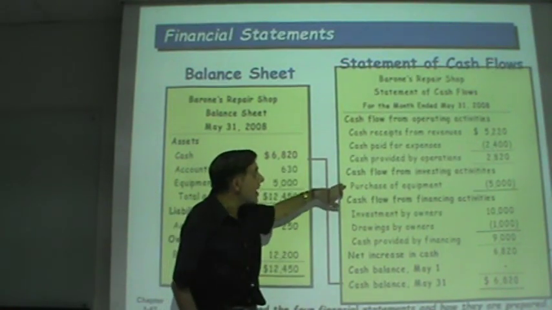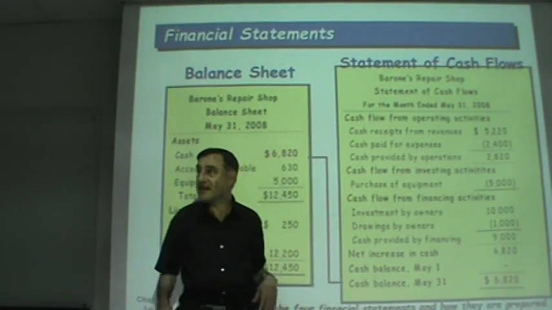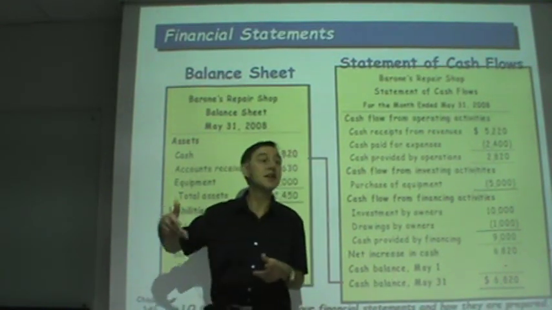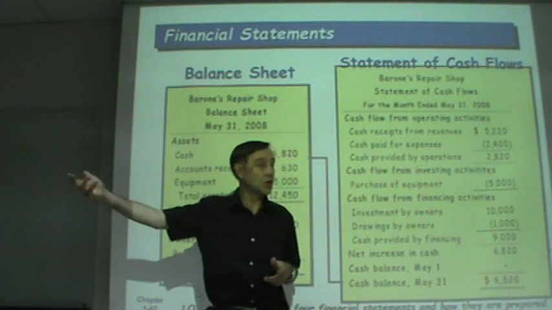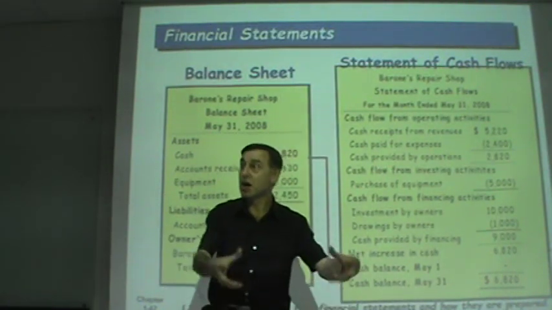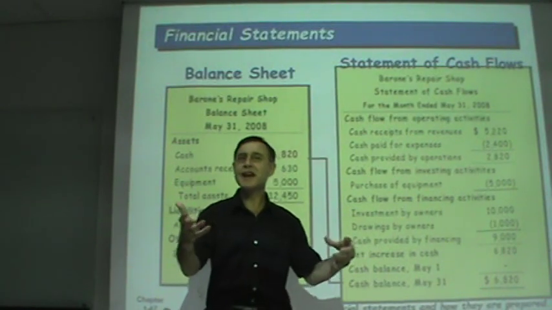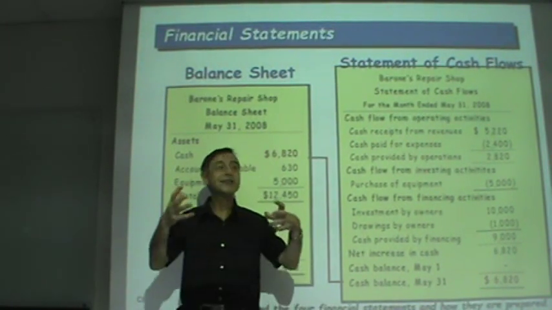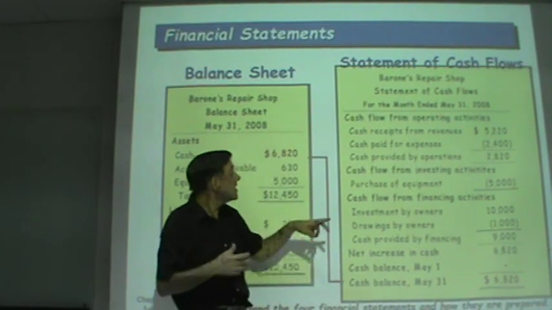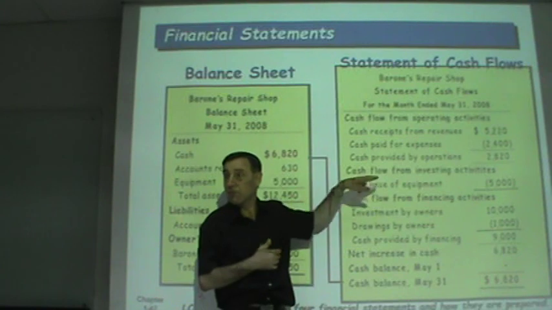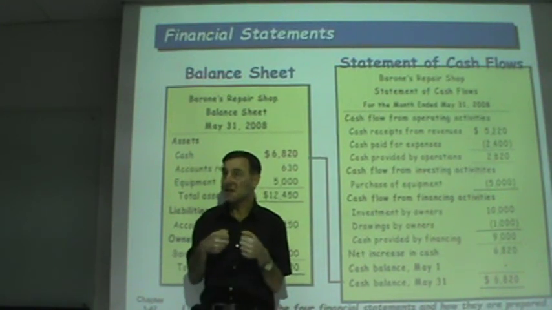You can also have cash flow from investing activities, for example, when you sell an old car. For example, the president of the university purchases a brand new Mercedes, right? So he buys a brand new Mercedes, he's got a cash outflow, minus number, for the new Mercedes.